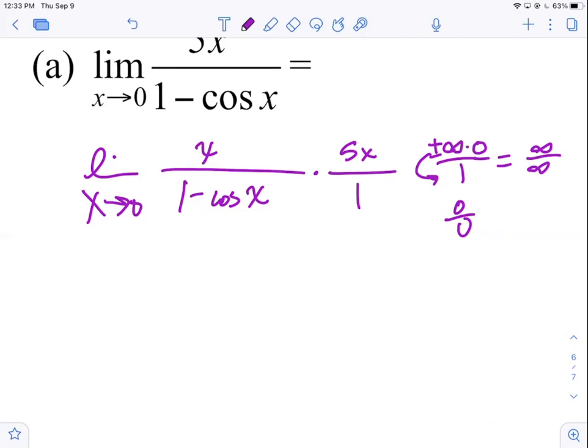Hey, look, watch. If this were sine of x instead of 1 minus cosine of x, x over sine of x is 0 over 0, and that would be 1, wouldn't it? Yes.